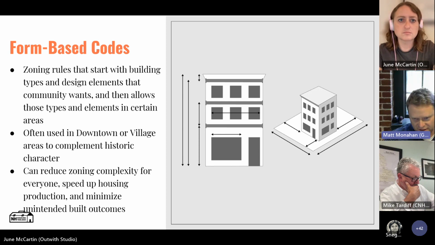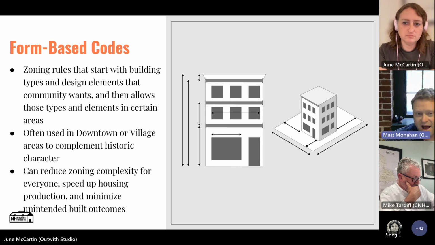And the elements of really what it's all about at the most basic level, it's about zoning that focuses on the physical aspects of things as opposed to the use, right? So if you look at this diagram here, these pictures of the building, think back to the previous slide that June showed with the reducing of setbacks and things like that on single family homes for subdivisions.